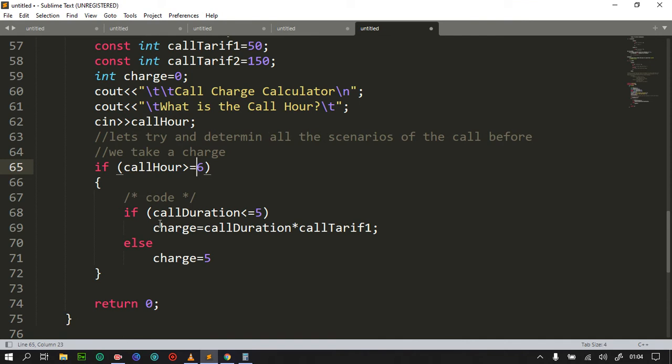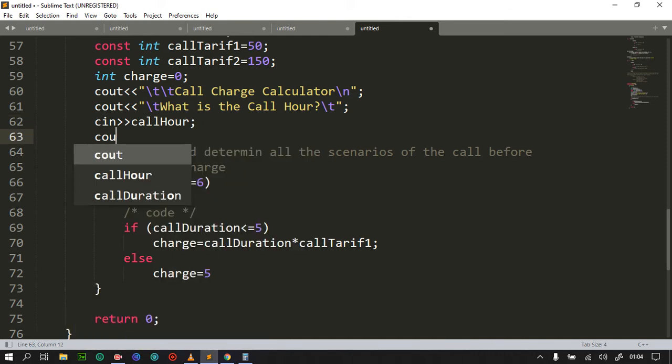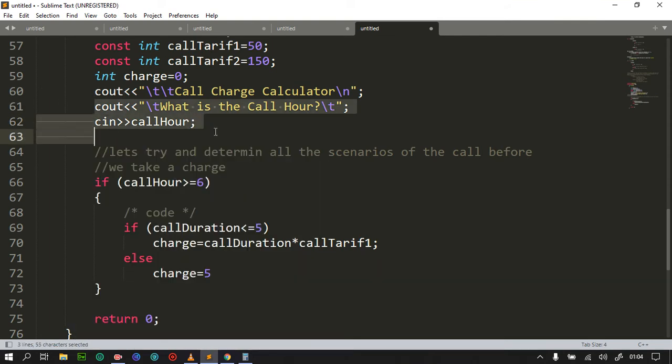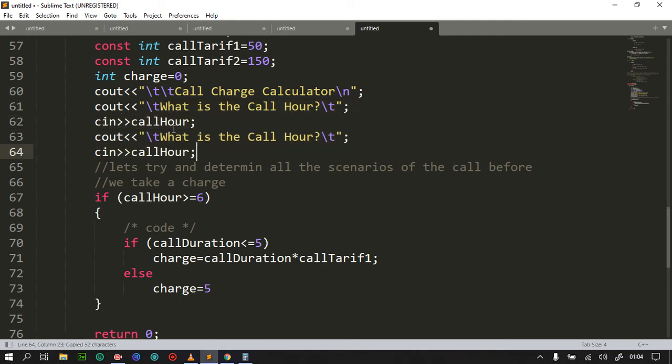So here charge call duration, that is tariff 1. Okay, then we need something, then this one is gonna be C out. Okay, let's make it like this to simplify life. So we shall say, what is the call duration?